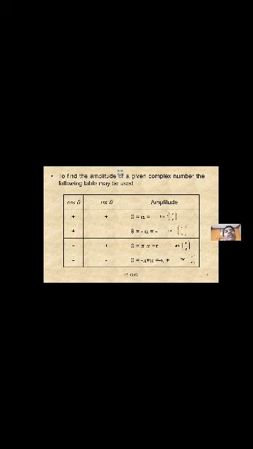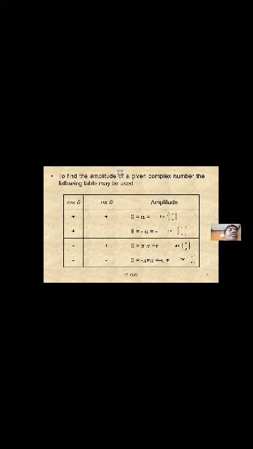If cos theta is negative and sin theta is negative, then amplitude theta equals minus pi plus alpha, that equals minus pi plus tan inverse of y by x.